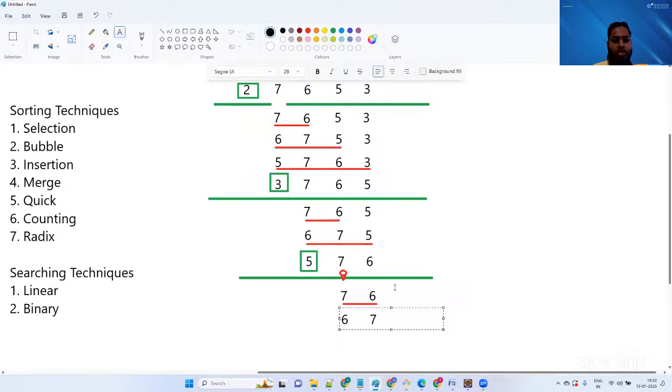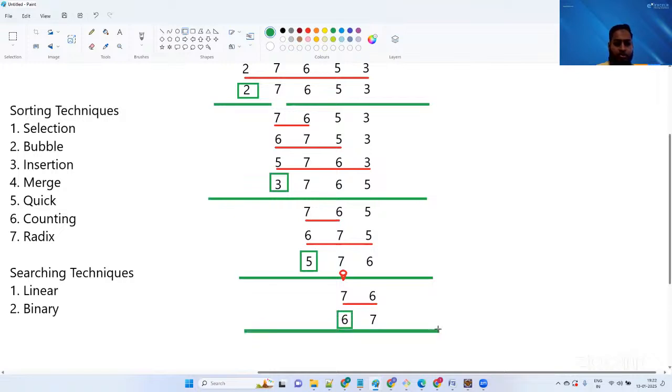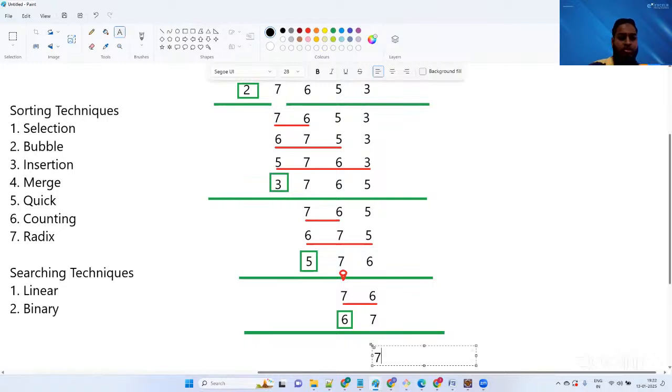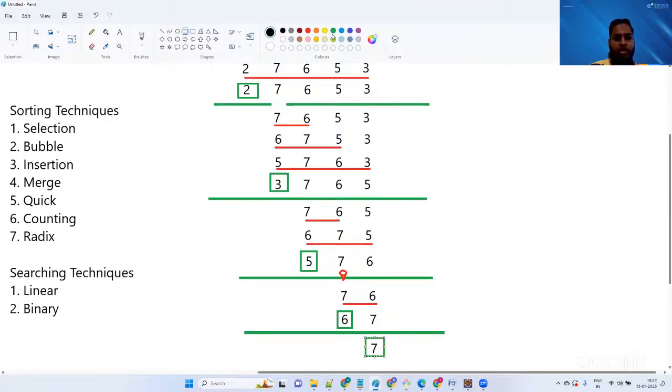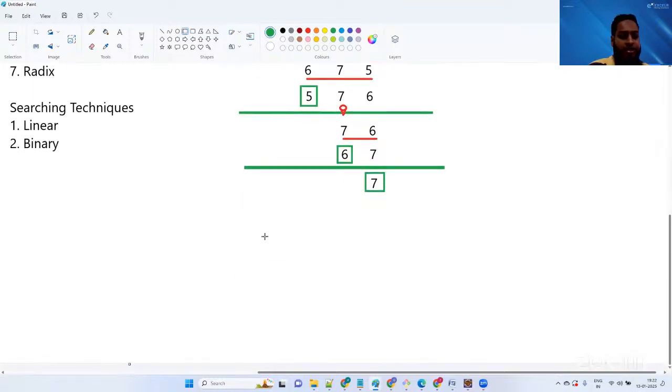And now I've got my fourth highest number also in place. Now this is my end of iteration number 4. Okay. Then I have only one unsorted element left. That is 7. And there are no more comparisons to be made. So I will say this also is sorted. And my output of the program will be 2, 3, 5, 6, 7, right? So like this, my selection sort has, this is the theoretical part of it.